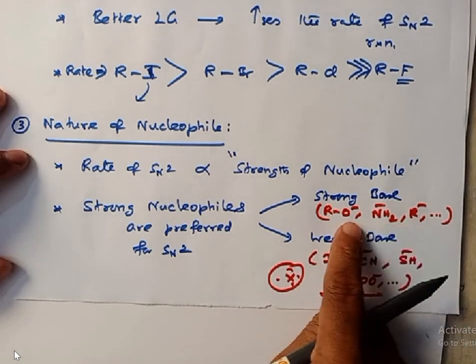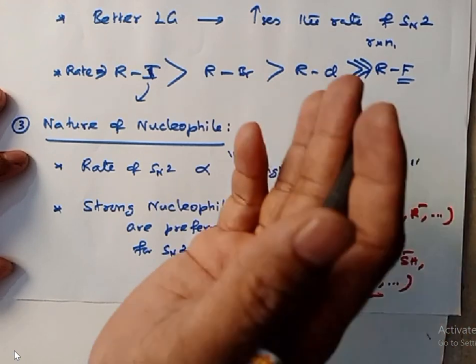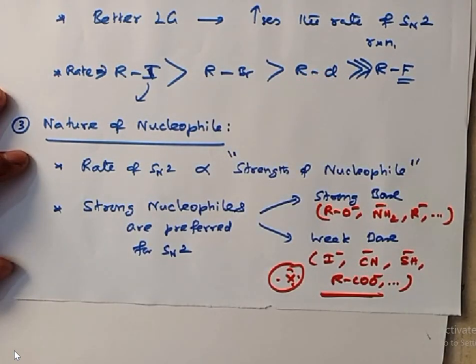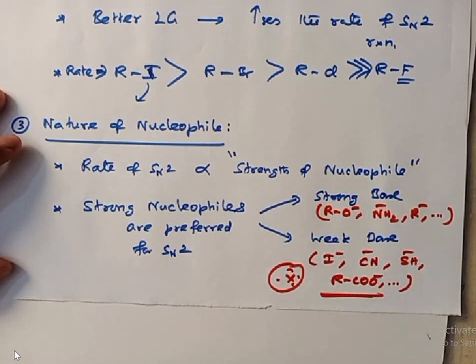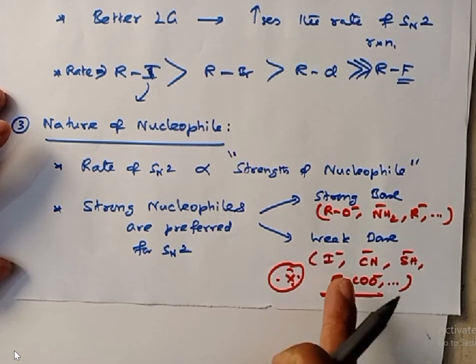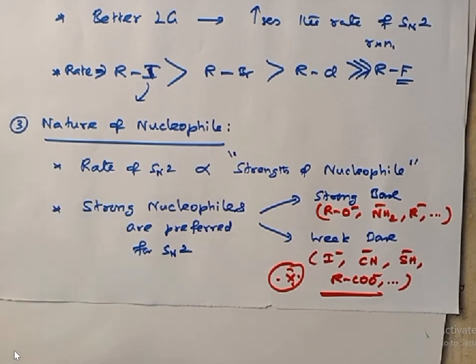If you use these nucleophiles, then elimination also occurs along with that. So for Sn2, we prefer the other nucleophiles because they are not only strong nucleophiles, they are also weak bases. If the basic strength is weak, the elimination reaction you can avoid to some extent.